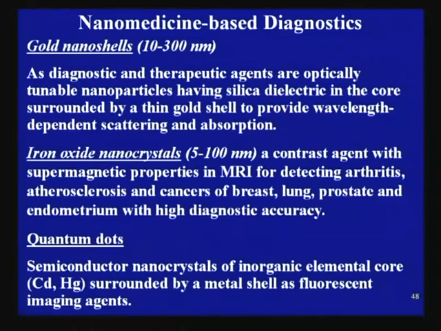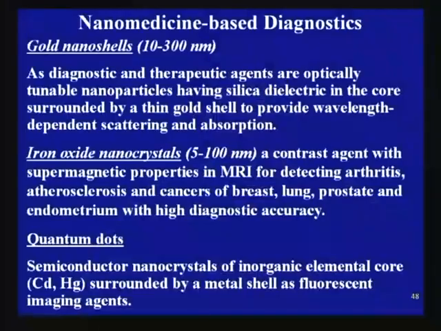a contrast agent with superparamagnetic properties in MRI for detecting arthritis. If there is some arthritic problem, pain in the bone and the joints, doctors prescribe an MRI test. Also atherosclerosis and cancers of breast, lung, prostate and endometrium can be detected with high diagnostic accuracy.